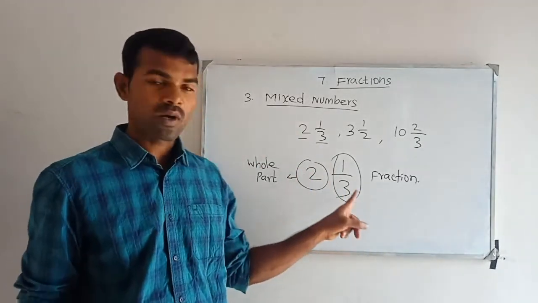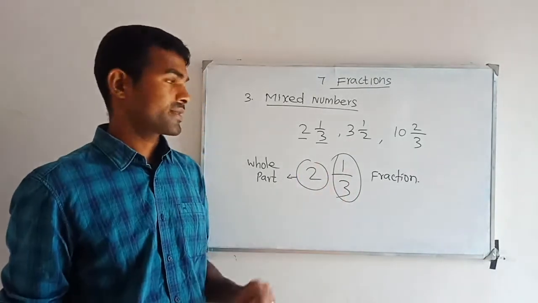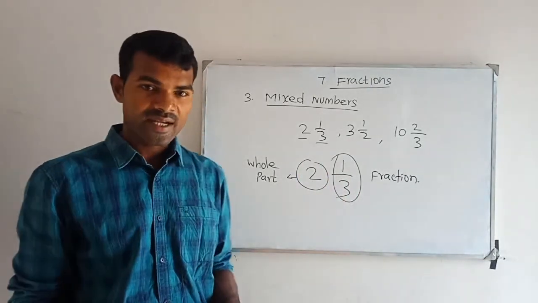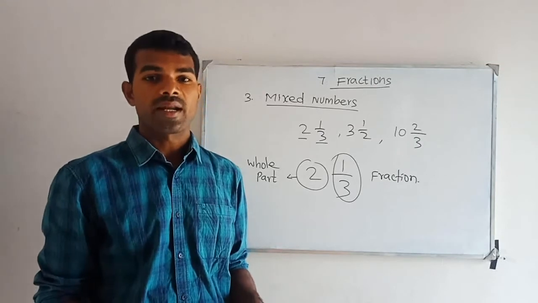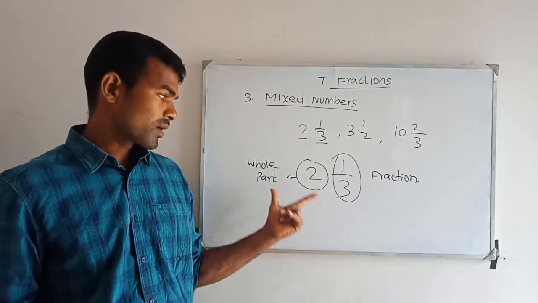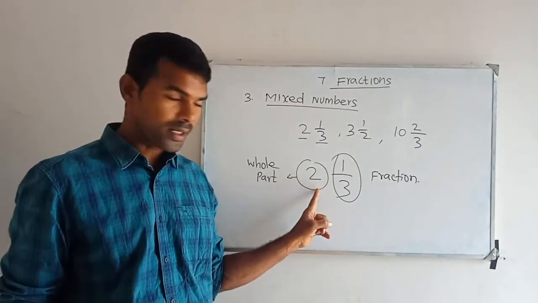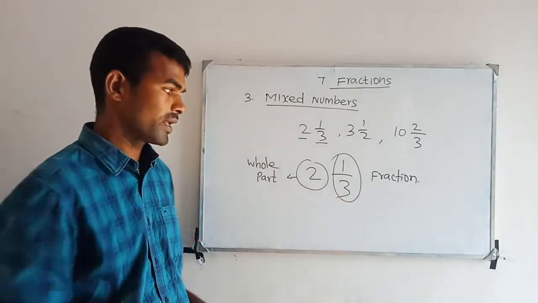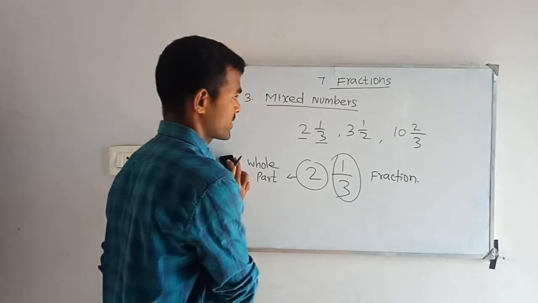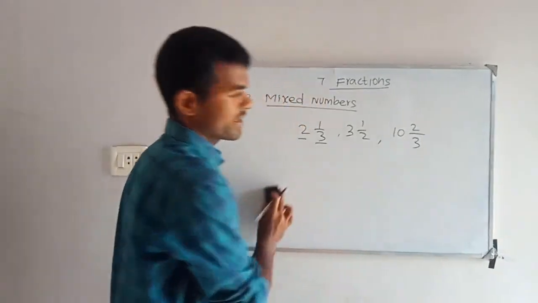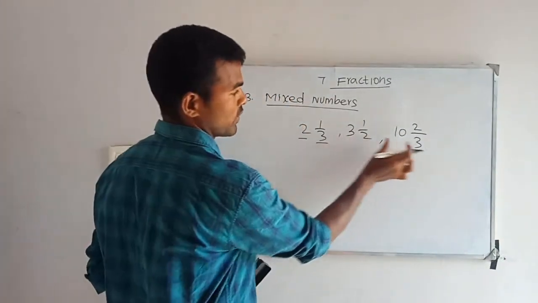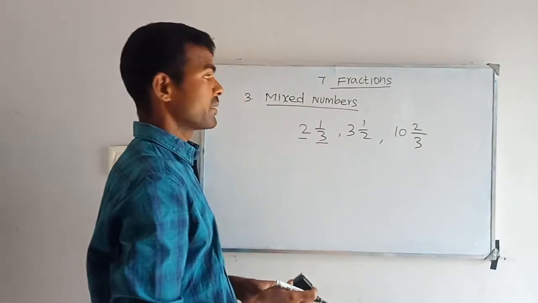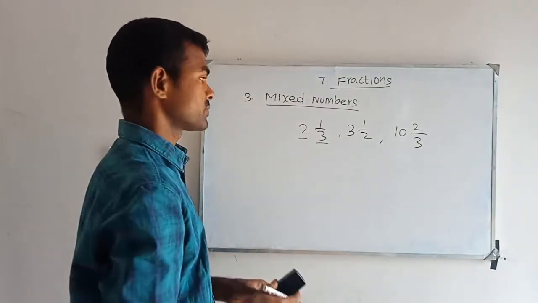A mixed number consists of two parts: one is the whole number part and the second is the fraction part.